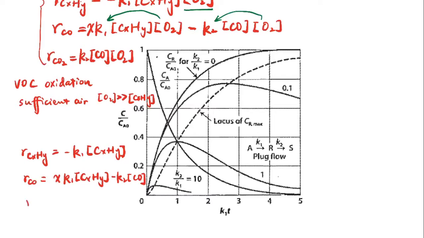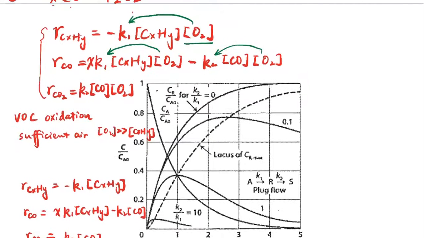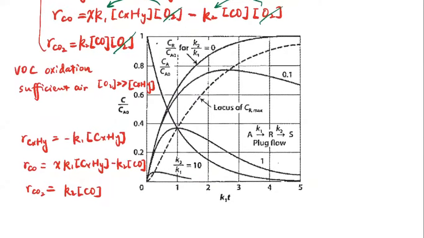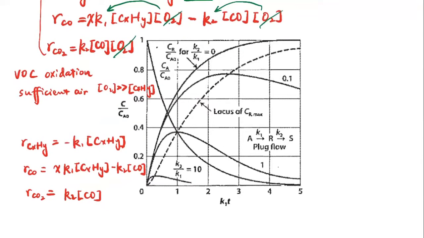And then the formation rate of carbon dioxide is K2 multiplied by CO. So basically, we're just ignoring all of the oxygen concentrations. By ignoring that, we have this new set of equations.